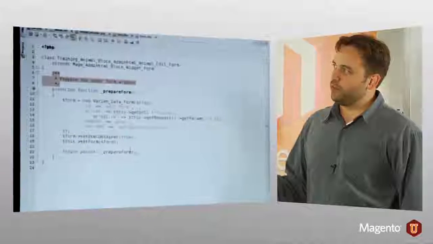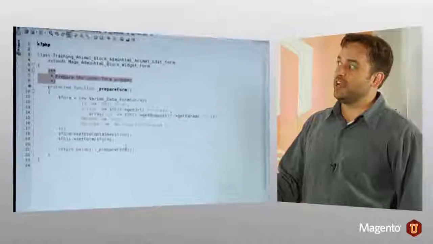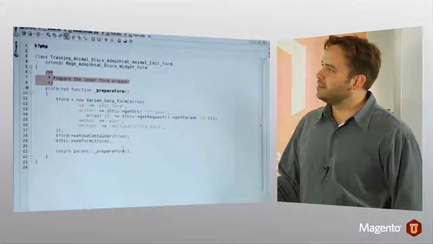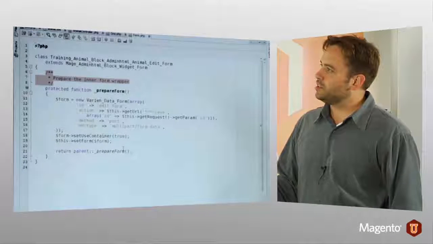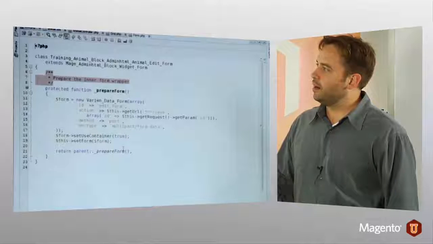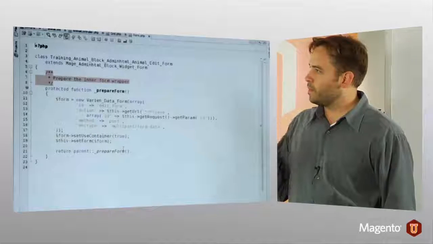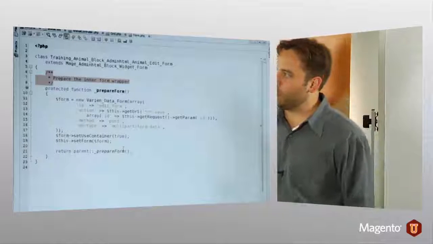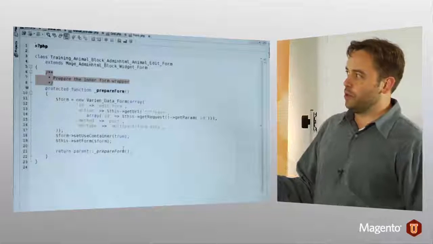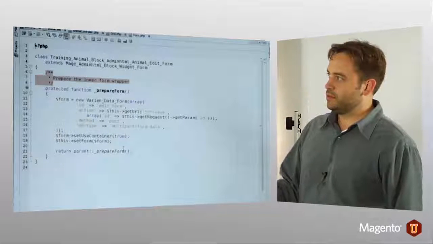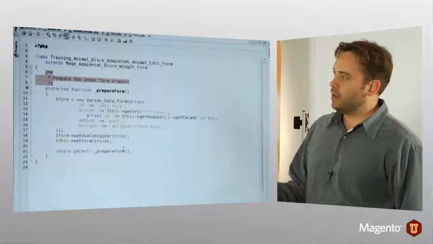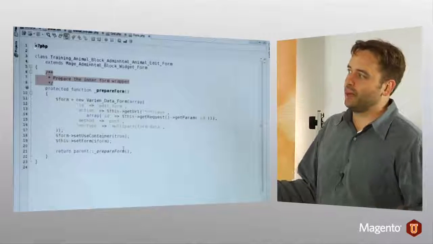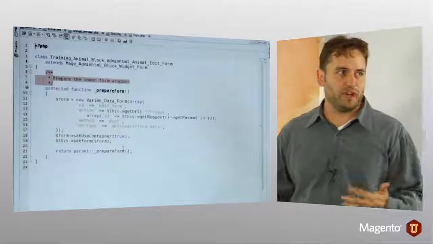This is where we set up the form. So we're calling prepare form, instantiate the form, and specify the ID for the form, the action to which we post, and our method. And if we specify multi-part form data all the time, then we would be able to post files as well.